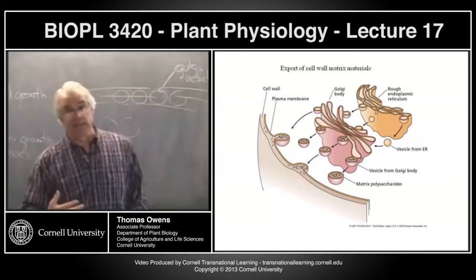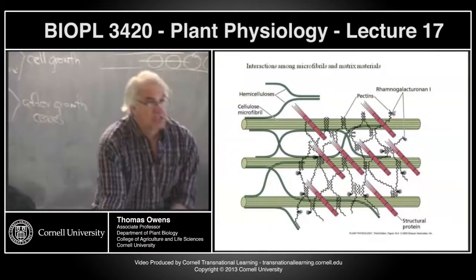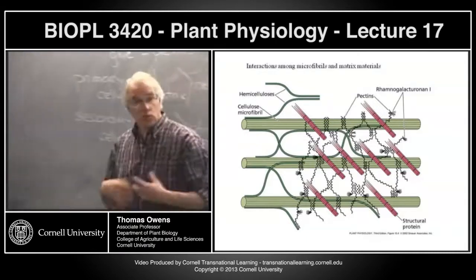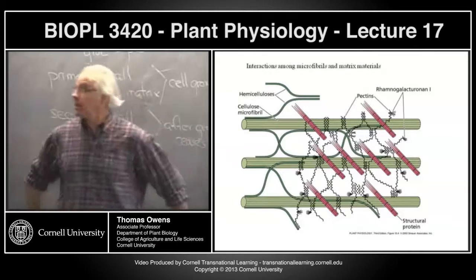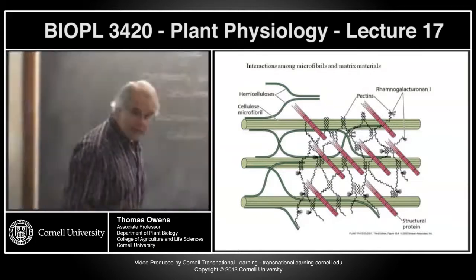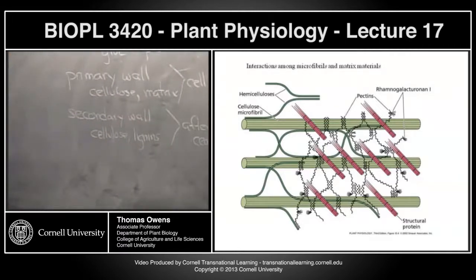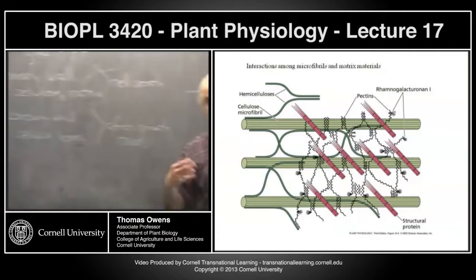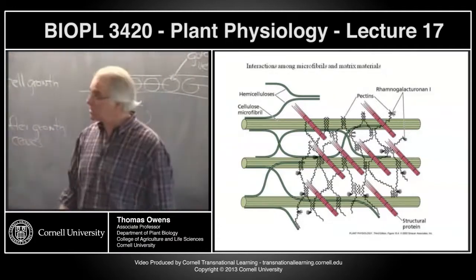Once they're in the cell wall, the assembly of this structure, to a large extent, is automatic. It's non-enzymatic because most of the interactions that hold this together are non-covalent interactions. Right? So the assembly of the cell wall is not something that requires a lot of enzymes. There are a few. We'll see some examples of it in just a minute.